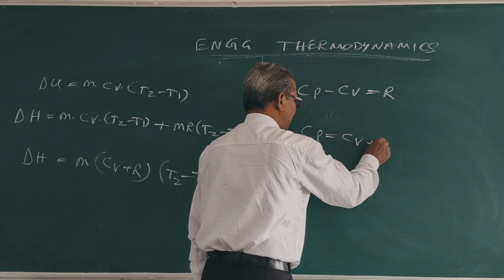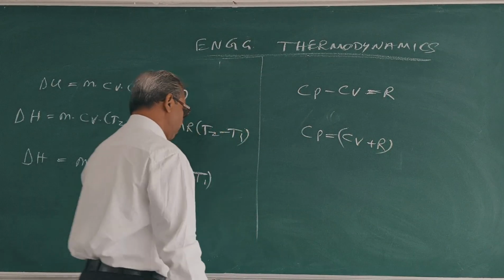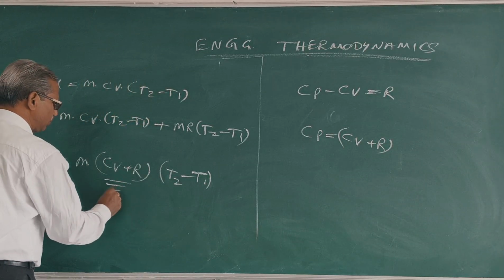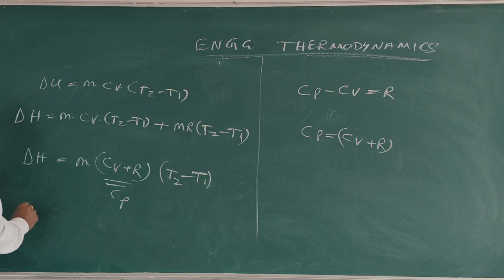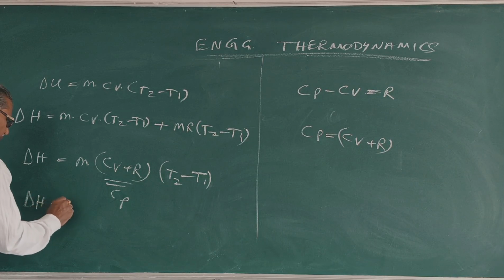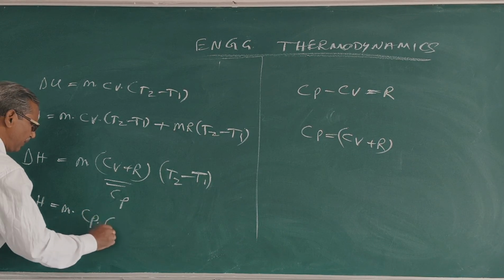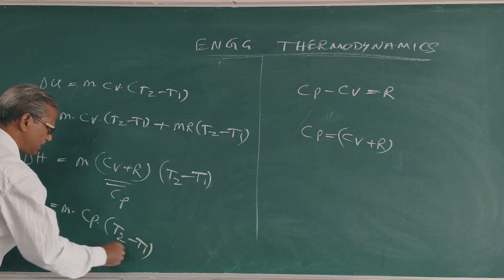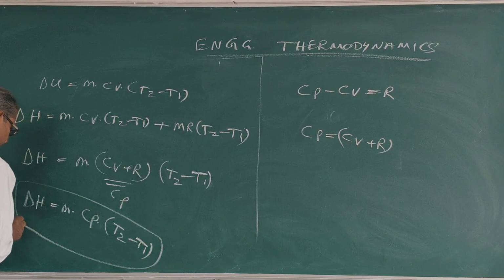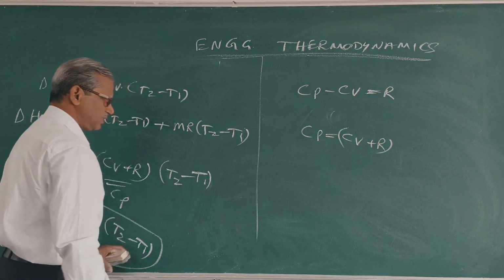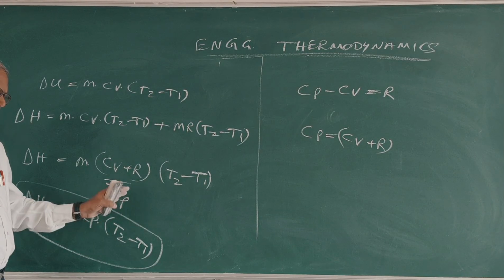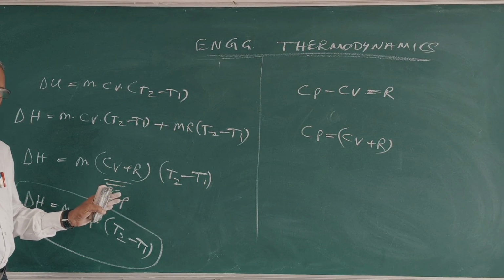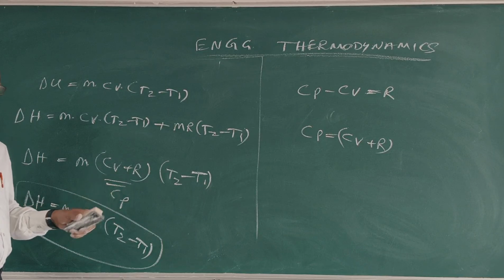Cv plus R. Put here Cp. So del H is equal to m Cp T2 minus T1. This is change of enthalpy delta H. Clear?